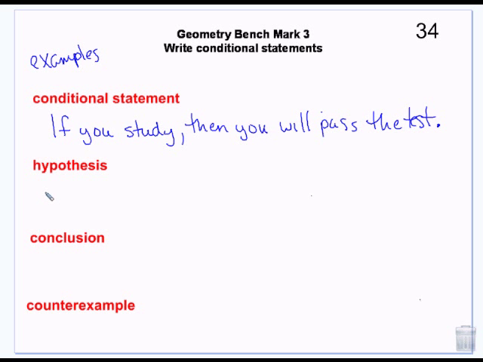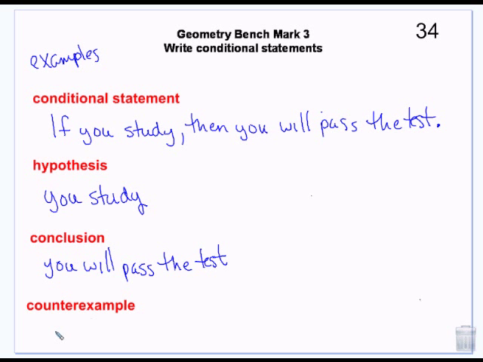My hypothesis is that you're going to study. My conclusion is that you will pass the test. A counterexample would be you studied, then failed. I studied, but then I failed.